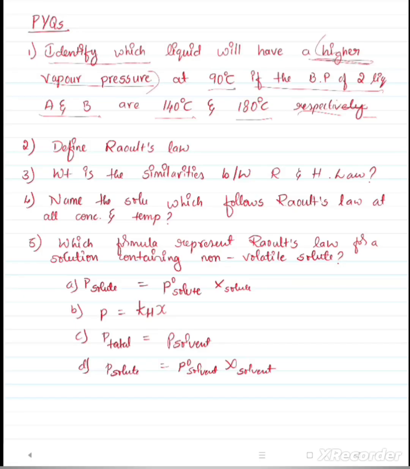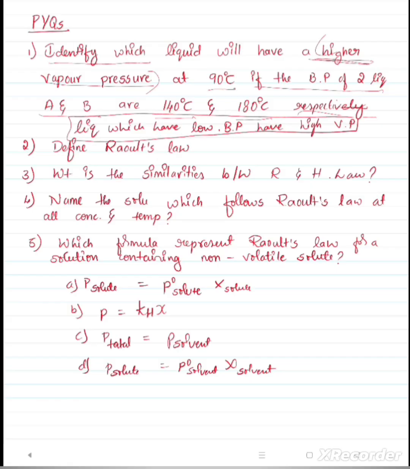I already told you, the liquid which has a low boiling point will have high vapor pressure. So A has the low boiling point, so A has high vapor pressure.